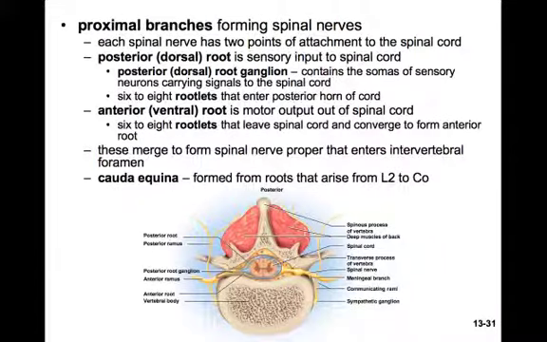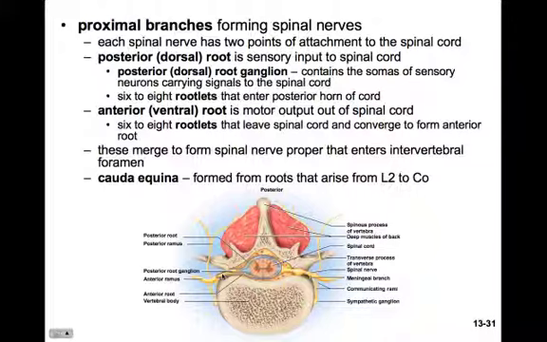Now, let's look a little more closely at what happens with these spinal nerves. So when we put it inside the vertebrae, here is our spinal cord with the gray matter in the middle and white matter surrounding it in various columns or fasciculi that ascend or descend the spinal cord. We can see the dorsal root, which is the narrower portion, and the dorsal root will come together with the ventral root to form a spinal nerve.